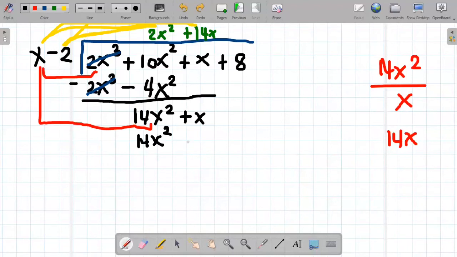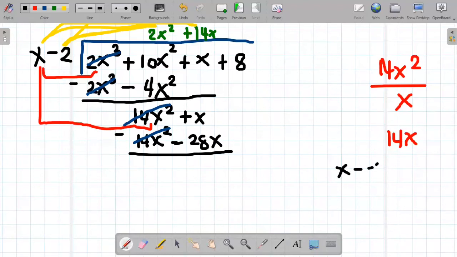So that's negative 28x. Then we subtract. When we subtract, this will be cancelled. So you only have this one: x positive minus negative 28x. A minus and the negative becomes plus.